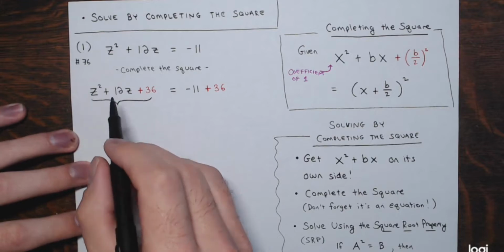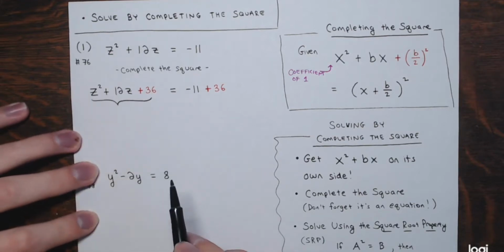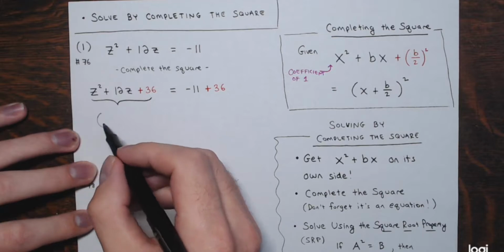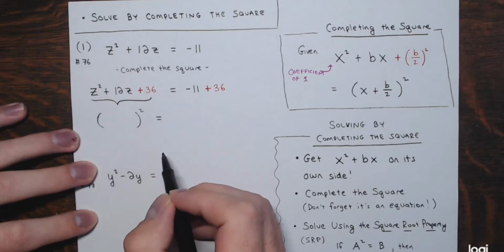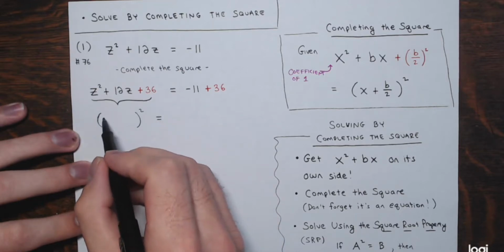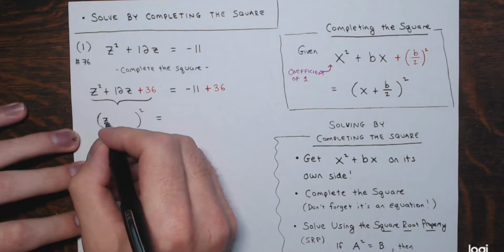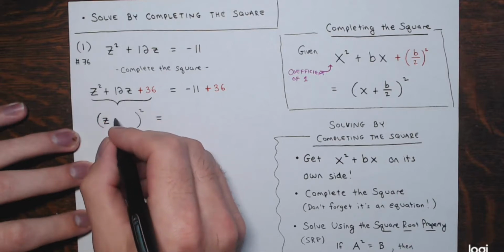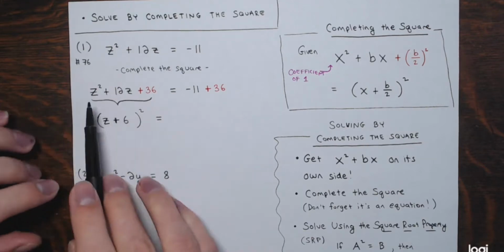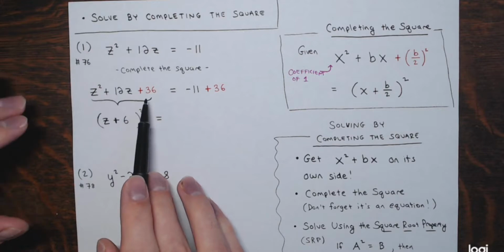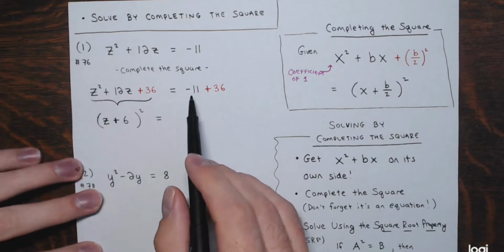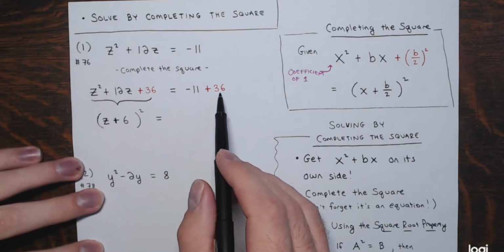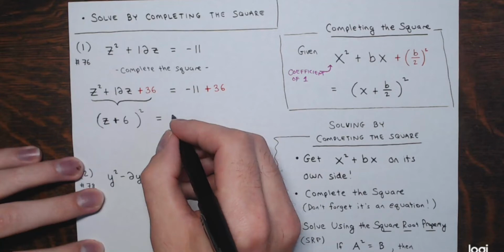So this z squared plus 12z plus 36 can be expressed as a binomial squared. And that binomial would be the variable z plus whatever half the linear coefficient was, so plus 6. Right, so that z squared plus 12z plus 36 is equivalent to the quantity z plus 6 squared. And then the other side we have negative 11 plus 36, or 36 minus 11, be 25.